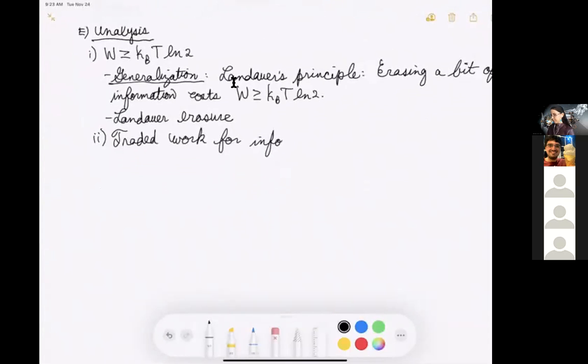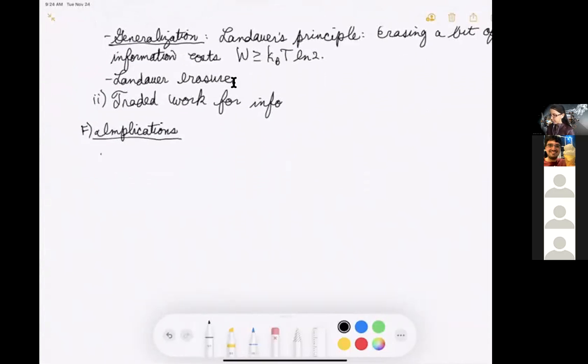But this protocol has some deep implications for computation and the relationship between computation and thermodynamics. So suppose that we want to compute and compute and compute.